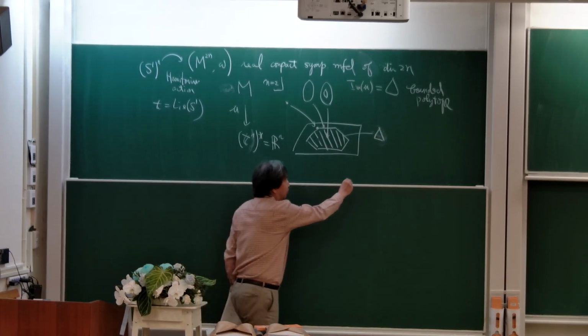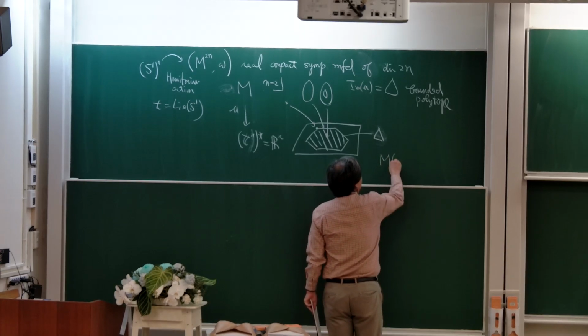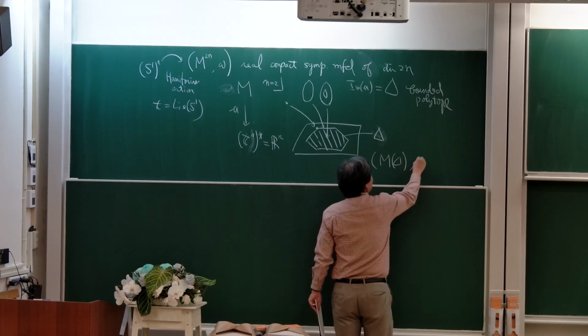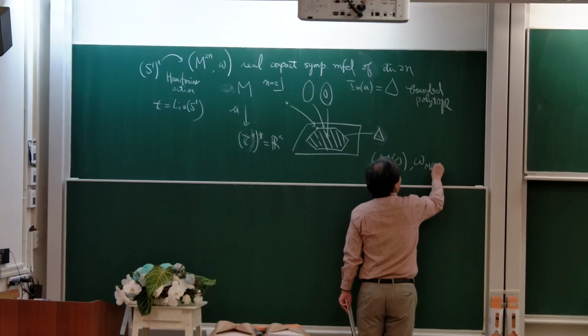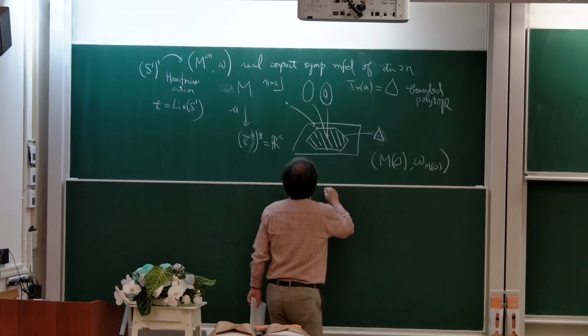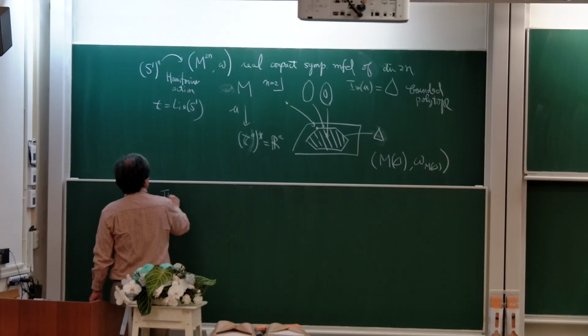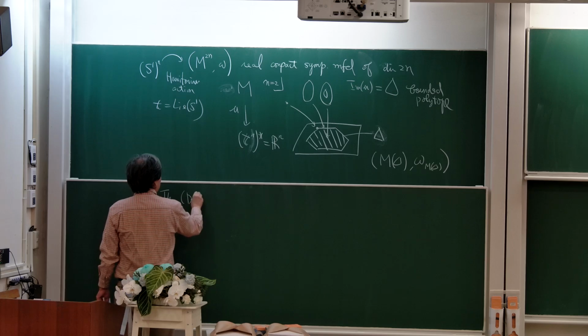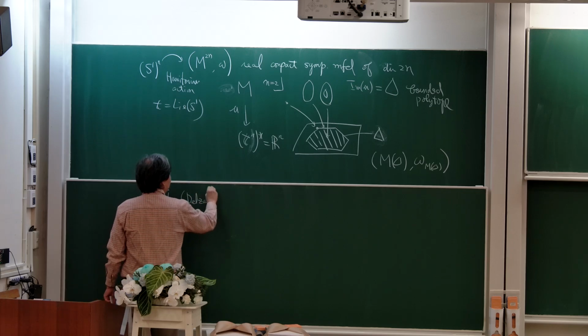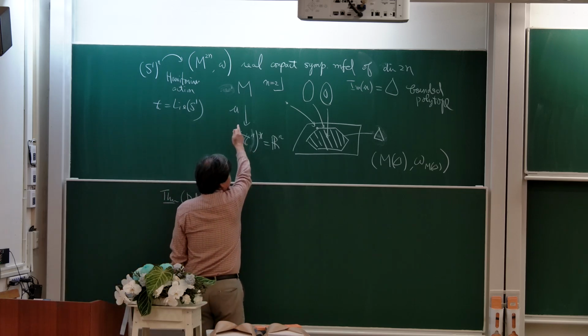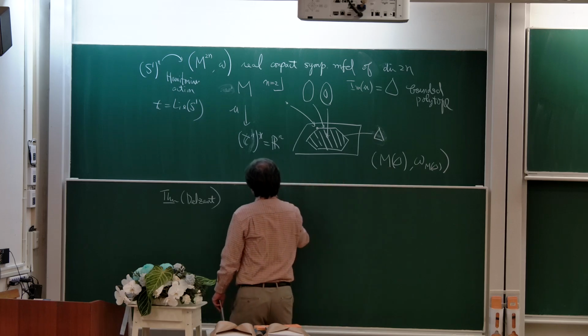And in these situations, we can construct some toric variety together with a Kähler form. And the Delzant theorem says that this M is nothing but this toric variety.